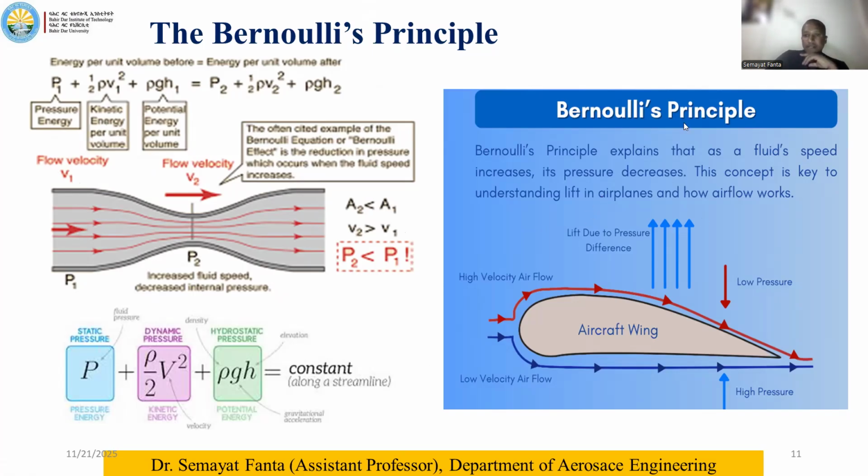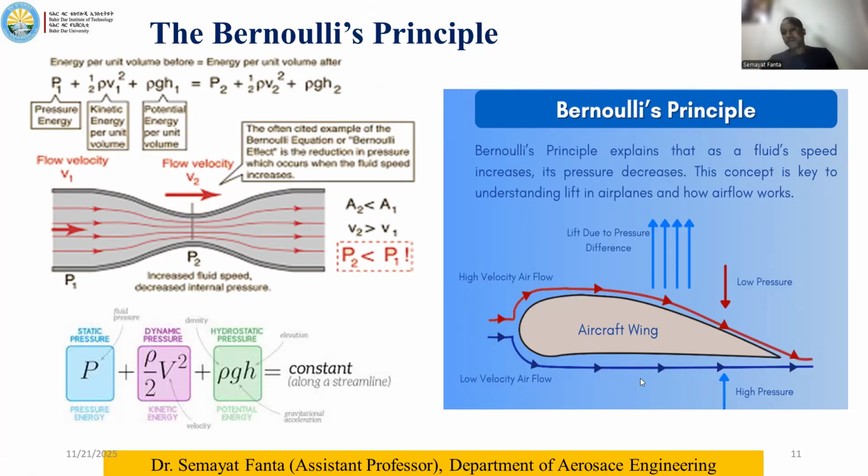In Bernoulli's principle, as fluid speed increases, its pressure decreases. This concept is key to understanding lift in airplanes and how airflow works. So this is the lift generation. There is high velocity airflow at the top of the aerofoil and low velocity airflow at the bottom of the aerofoil.